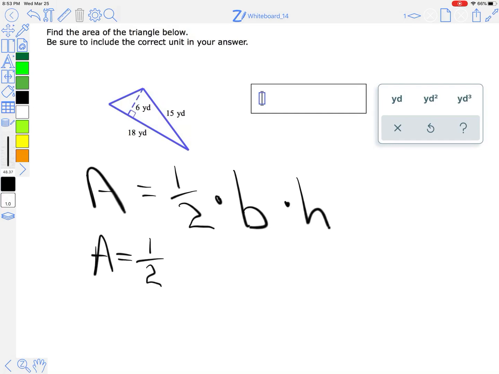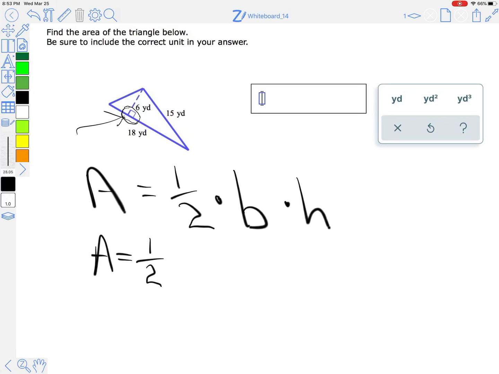And just like in that parallelogram, the height is the same sort of thing. You got to find that measurement in your triangle that meets one of the sides at a 90-degree. And when you find that 90-degree angle, right here, you can find your base and your height pretty easily.